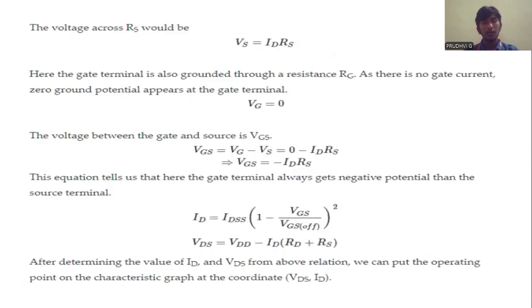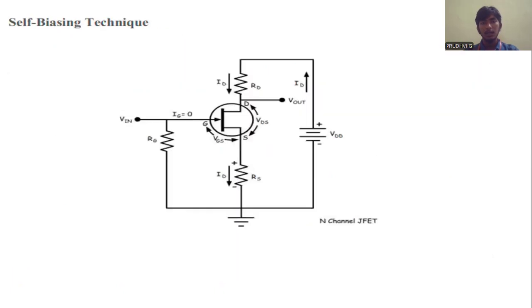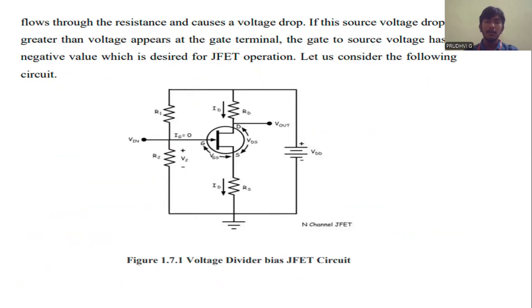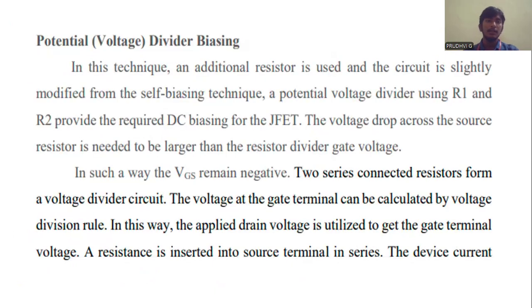Obviously, earlier there was only RG. Now we have added R1, a slight difference. A potential voltage divider using R1 and R2 provides the required DC biasing for the JFET. The voltage drop across the source resistor needs to be larger than the resistor divider gate voltage.